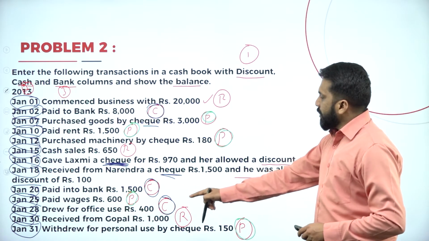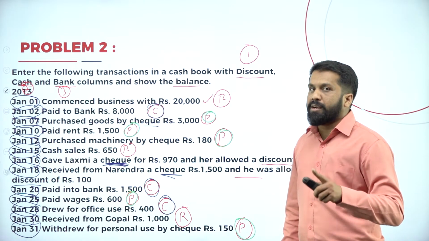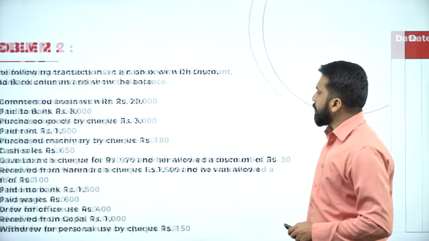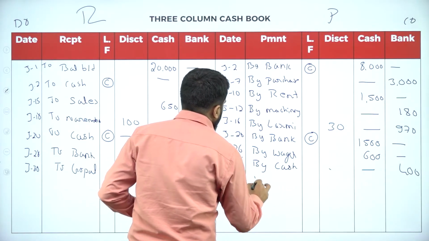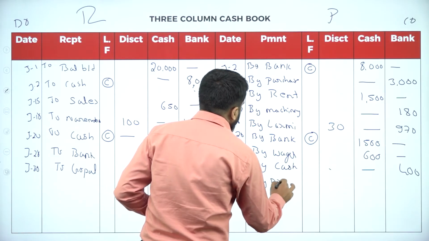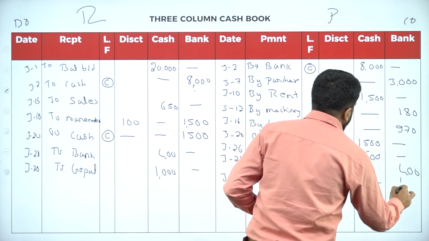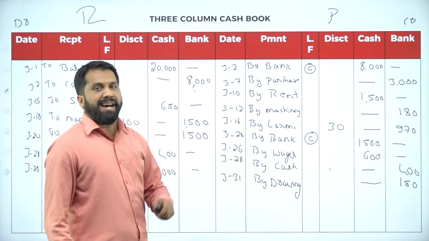Now, withdraw for personal use. As I told you, personal use means what? Drawings. Jan 31st, drawings 150. By drawings 150. Withdraw from bank means it must be in bank column.